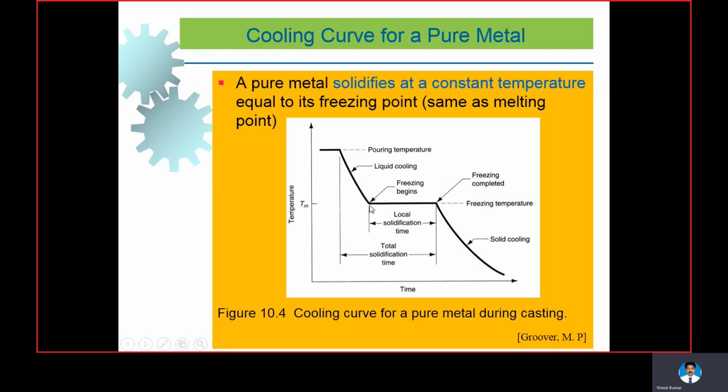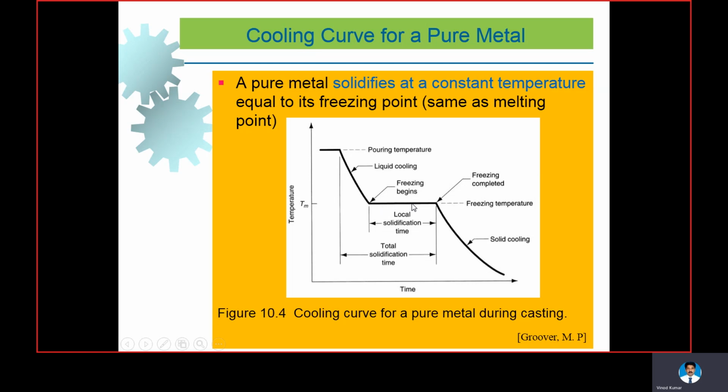So the metal will start converting to solid. From the pouring point, when you pour the molten metal, it reaches the cavity. After it reaches the cavity, cooling takes place constantly, and then at the melting point, freezing starts. Then the amount of solid increases with time.